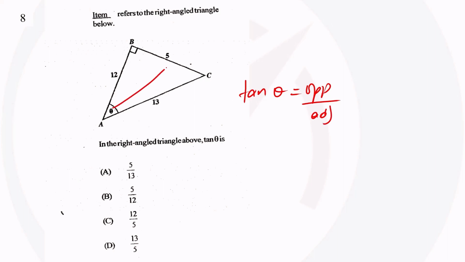Opposite side is 5, and the adjacent side, where I always tell my students this: any line you see the right angle and the given angle sit on, that's going to be our adjacent side. So therefore the adjacent side is 12. So tan of the angle is equal to 5 over 12, and that would match with B.